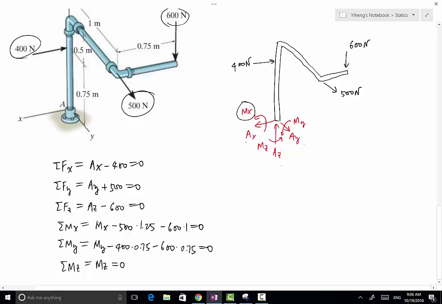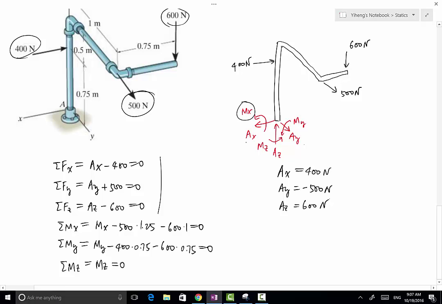So from here, 6 equations, 6 unknowns, we can solve for all of them. From the first 3 equations, we can solve for all the forces. So Ax equals 400 Newton, Ay equals negative 500 Newton, and Az equals 600 Newton.